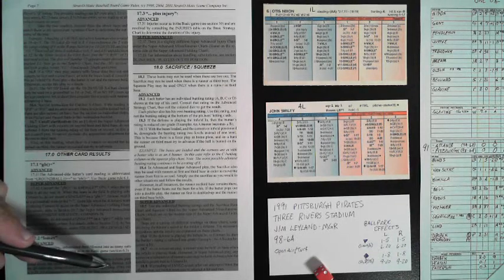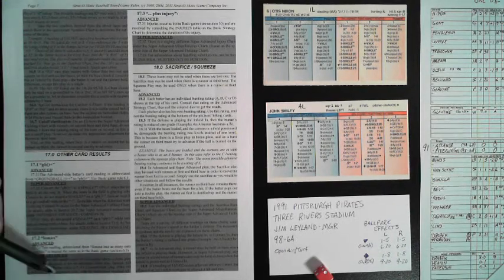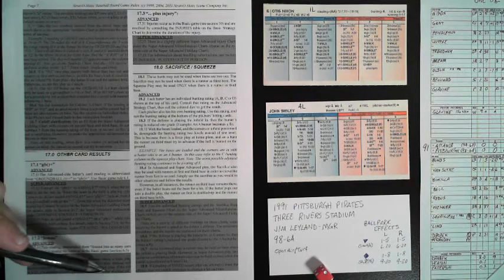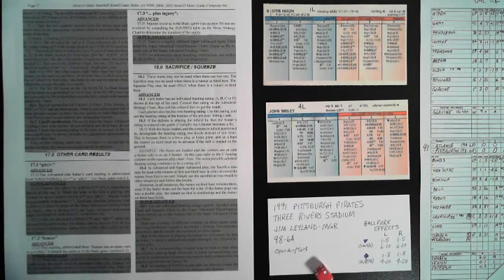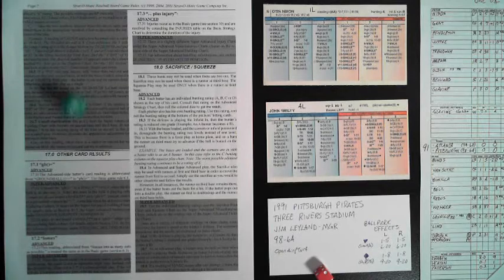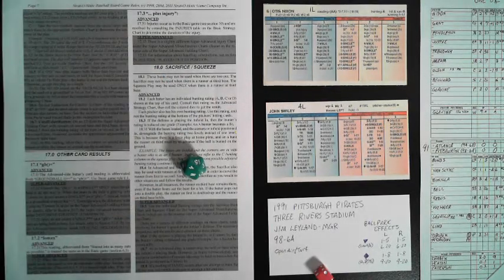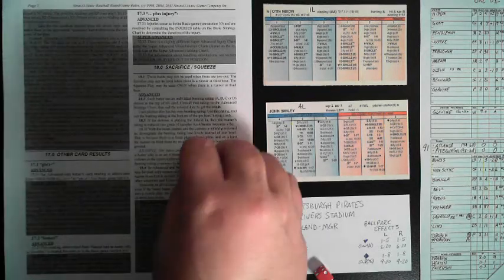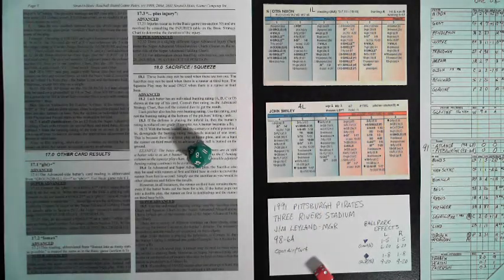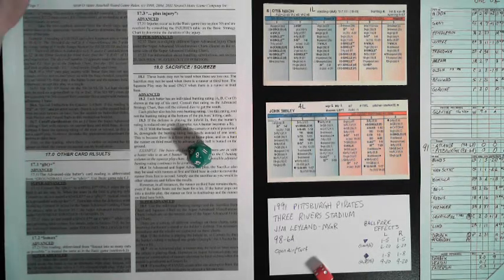If it's 1-7, it is a line out triple play. If it's 8-20, it's a line out double play, with the lead runner doubled off. So you don't automatically get that triple play. You have to roll 1-7 to get it for a line out max. If you roll 8-20, it's a line out double play, doubling up on the lead runner.